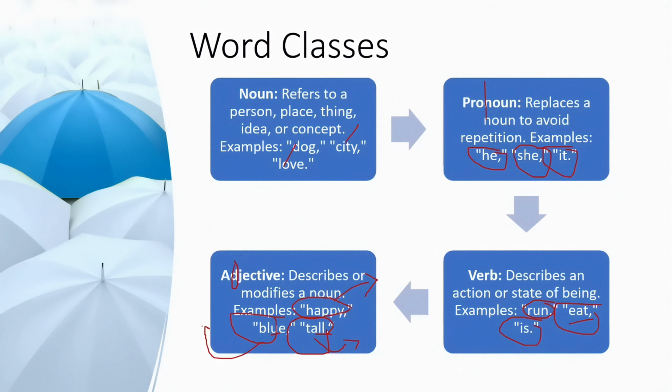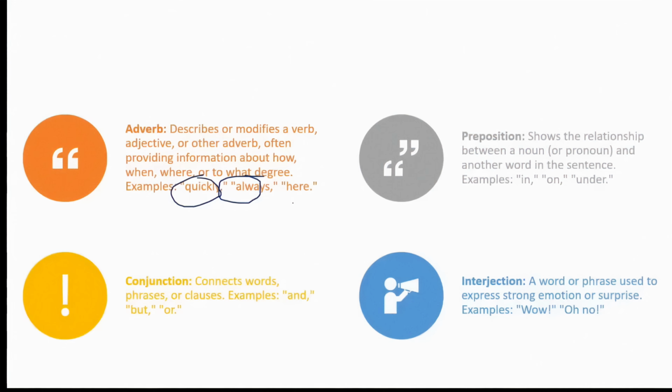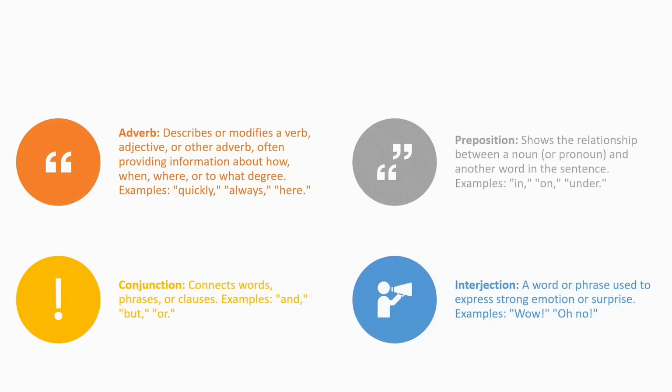So eating is action. It may be is: the book is old. It's telling a state. Adverbs describe or modify a verb, an adjective, or another adverb, often providing information about how, when, where, or to what degree. For example: quickly, always, here. So these are adverbs.